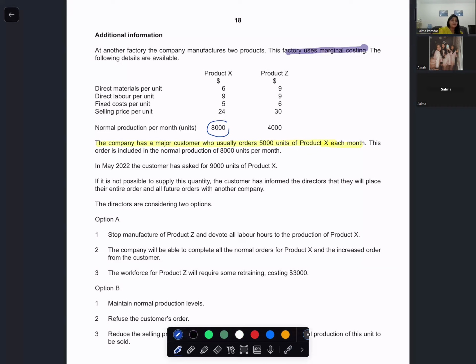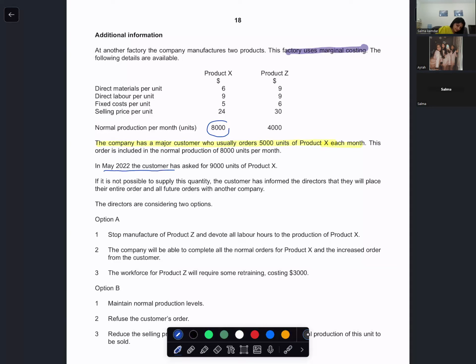Included and apart are two separate things. It is included in the 8,000 units.